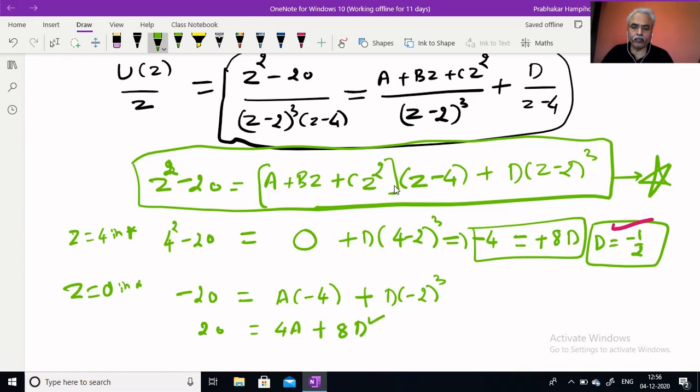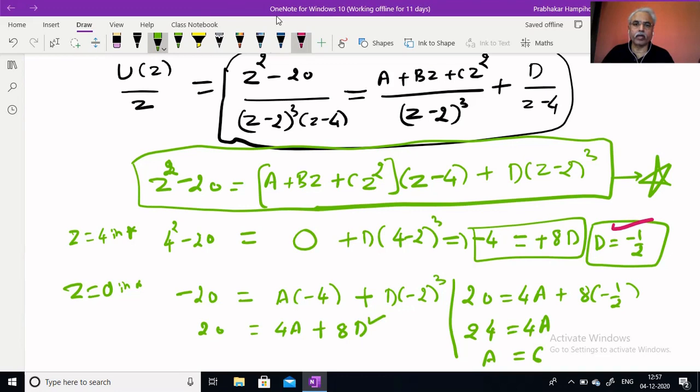But we know the value of d as minus half. So 20 equals 4a plus 8 into minus half, so 24 equals 4a, or a equals 6. So we found d as well as a.